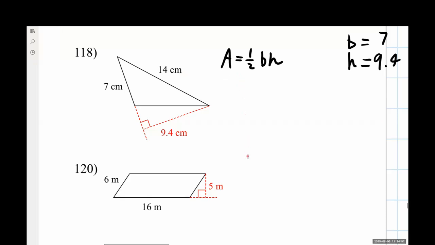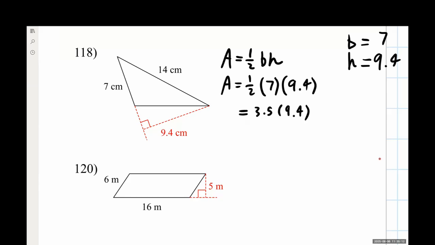So we can ignore it entirely. I plug these values in, and I solve this out to see what the area is. And I'm getting 32.9 centimeters.